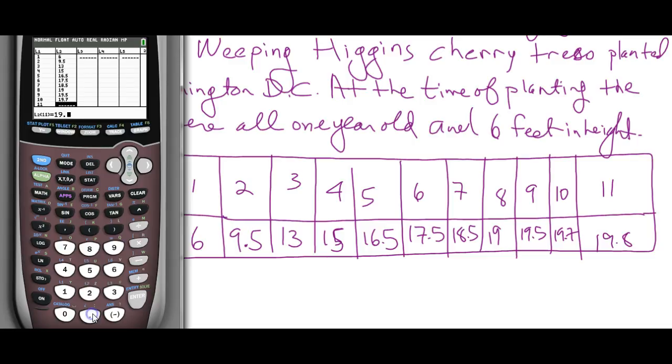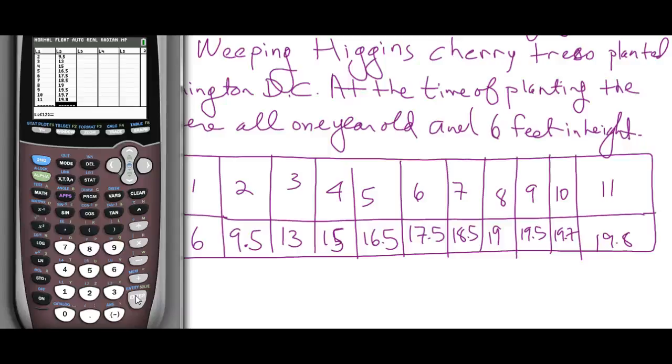You'll see that from year 1 to year 2, well, it had to start as something like a seed, right? In 1 year, it was 6 feet tall. Then it gained 3.5 feet, and another 3.5 feet, then 2 feet, 1.5, 1, 1, a half, a half, 0.2, 0.1. So we can see the rate of growth is slowing as the tree ages.